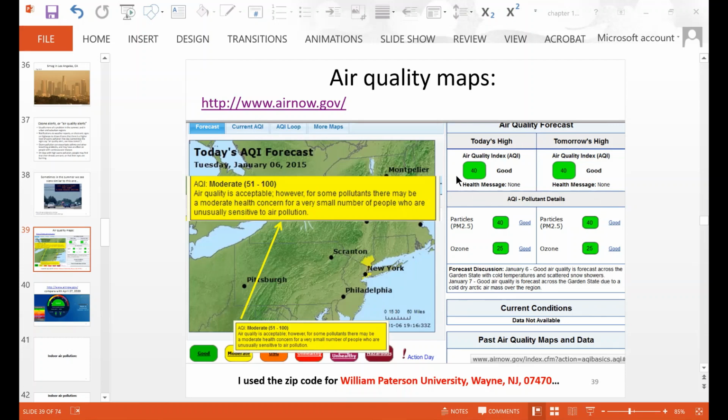And the number is 40, but on this map here, it was coming up as moderate. So I'm not sure exactly why it didn't match, but that particular day, the forecast over here did not match the forecast over here.